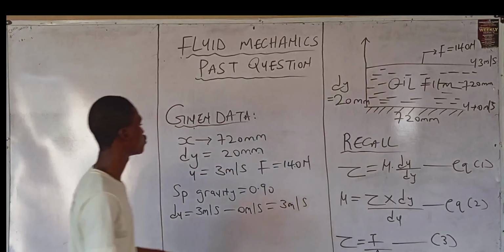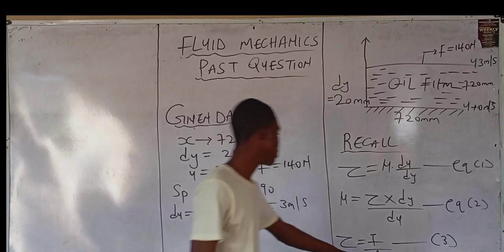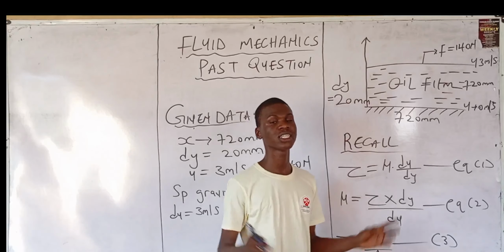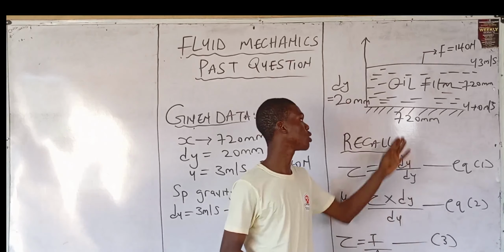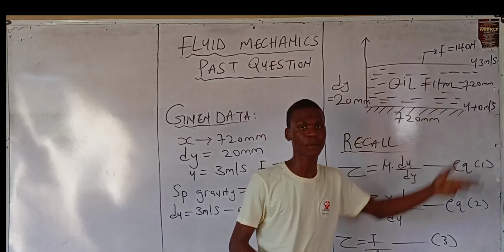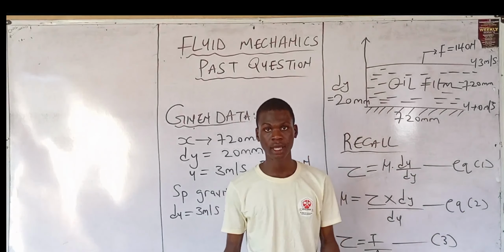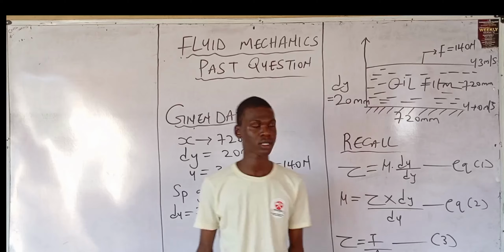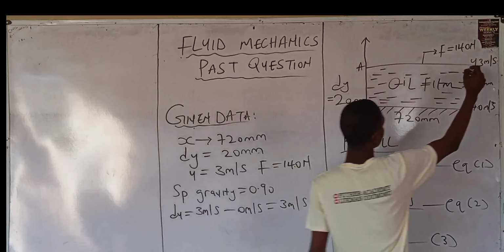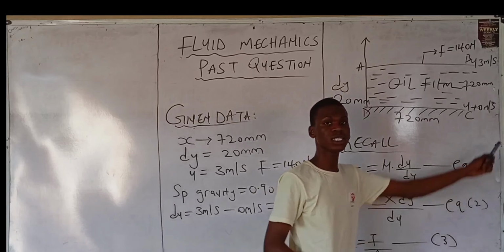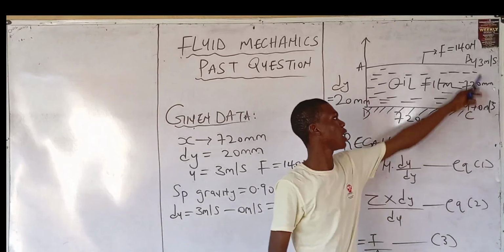Now we know the force to be 140 Newton. How do you get the area? Recall earlier that the question says each side of the plate is 720 mm by 720 mm. To get the area, you simply multiply the length times the breadth. Consider this, we have A, B, C, and D, with CD the length and this the breadth. It means that 720 mm by 720 mm will give you the area.